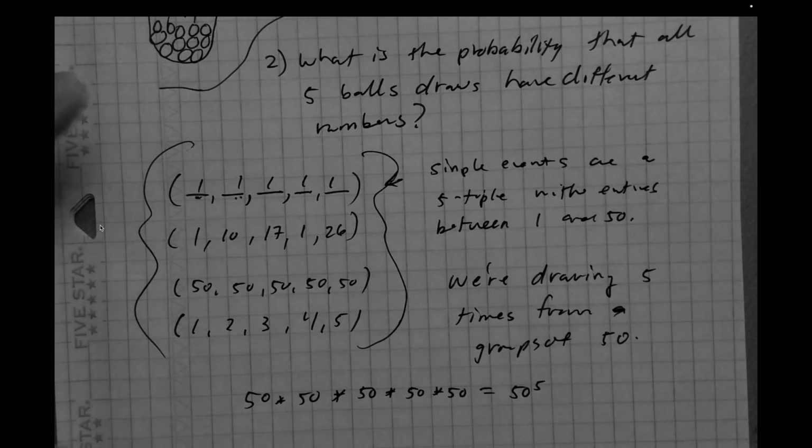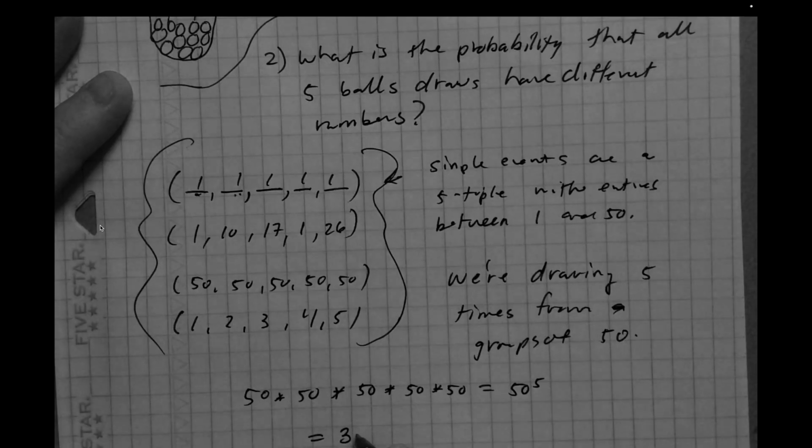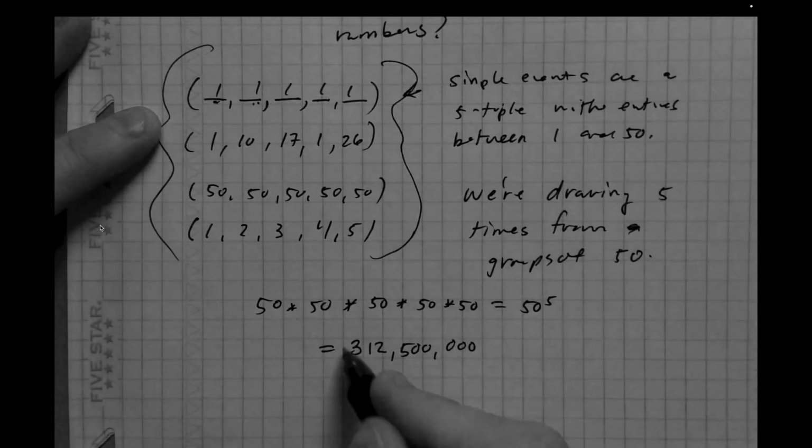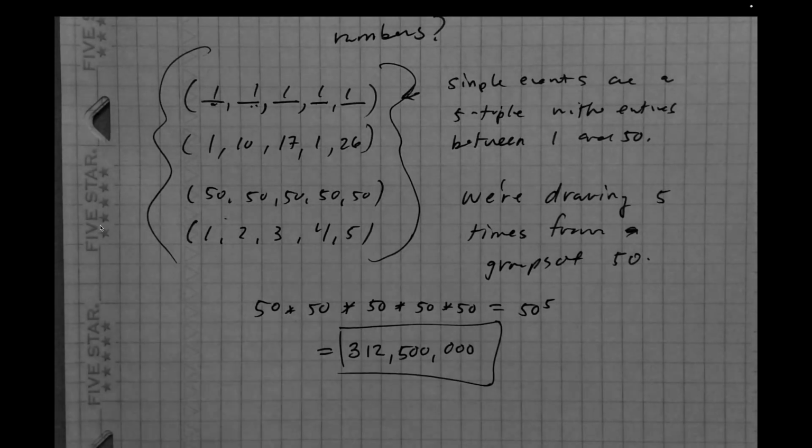And so what is 50 to the 5th power? Well, this is a big number. This is 312,500,000. So this is how many combinations like this are possible to get. Okay. All right, so that answers part 1, right?